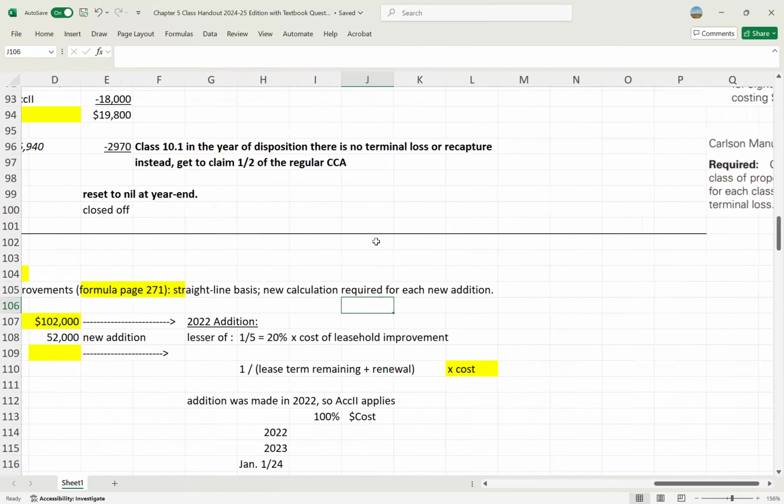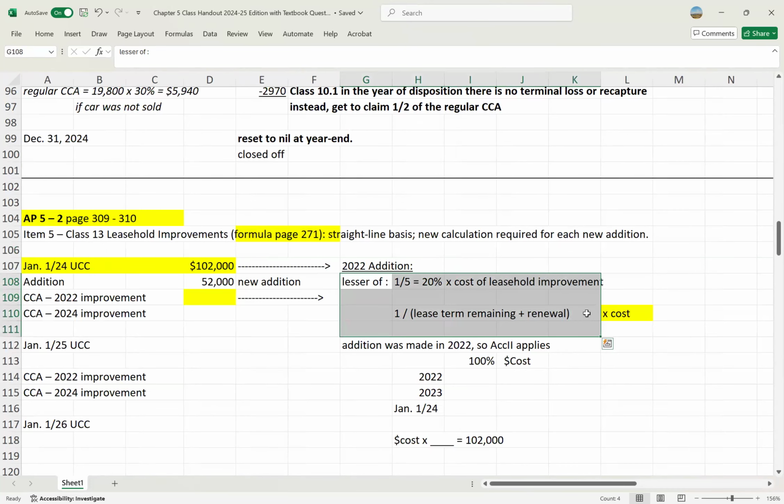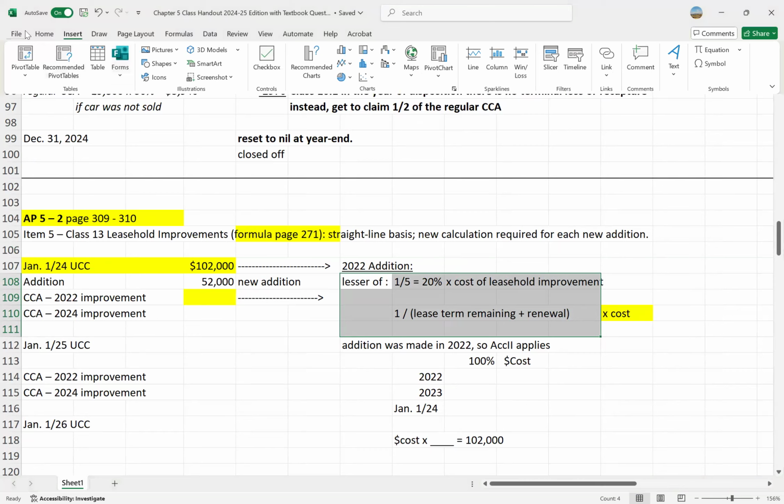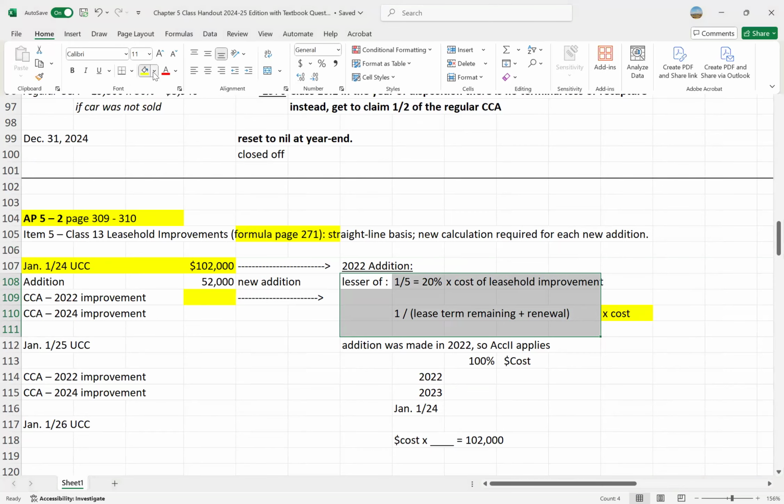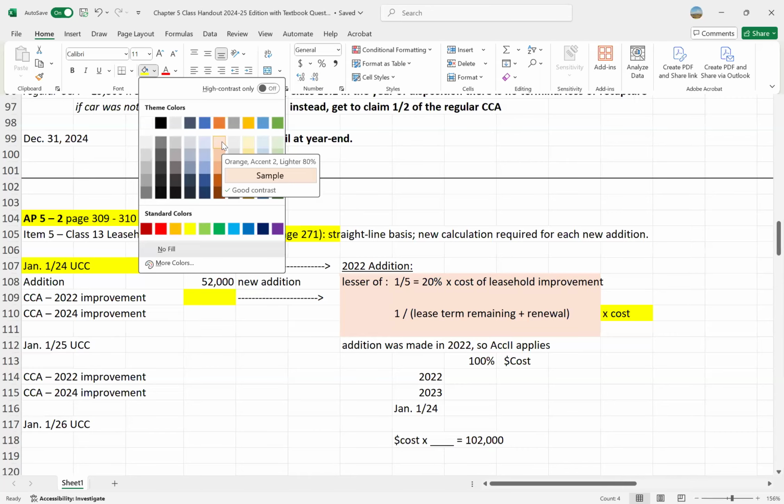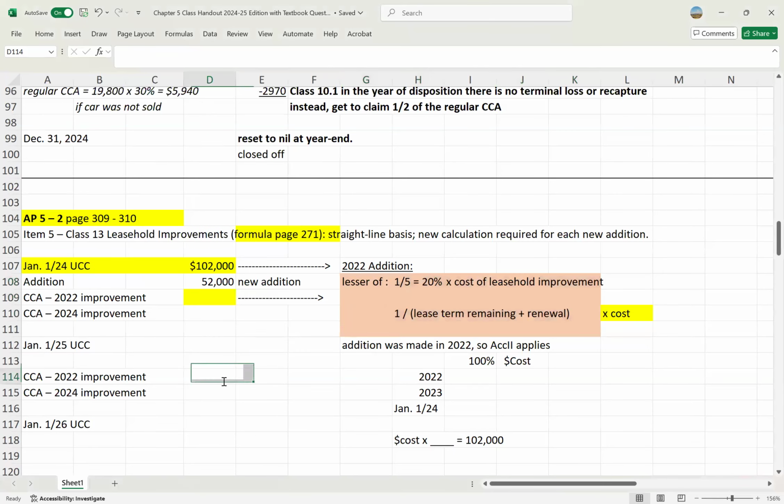The way the formula works is that whenever there is a leasehold improvement, you take the lesser of 1/5 of the capital cost, or 1 over the lease term remaining plus the renewal period. So this is the formula here. I'll highlight it in a different color, just so that you can see the formula.